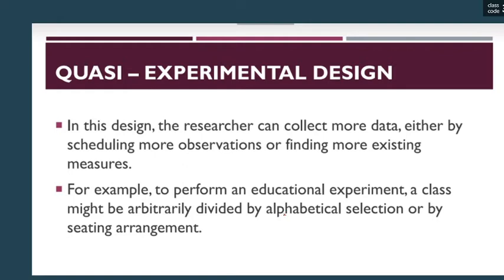Hindi siya randomly selected. Halimbawa, or by seating arrangement. Basta may pattern siya. But here, you are free to collect more data, either by scheduling more observations or you find more existing measures. Kaya lang, meron siyang pattern.